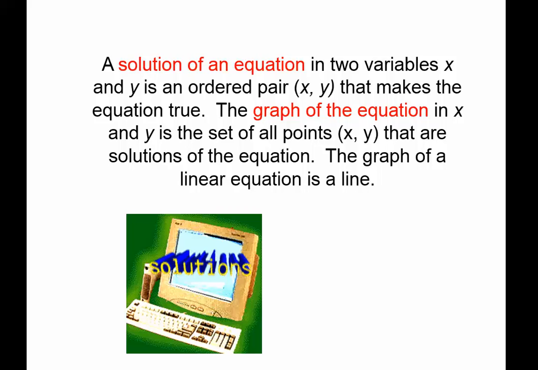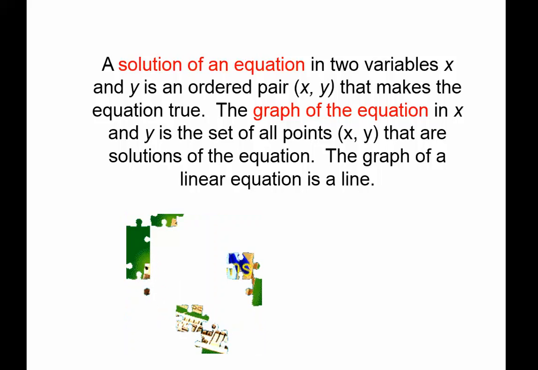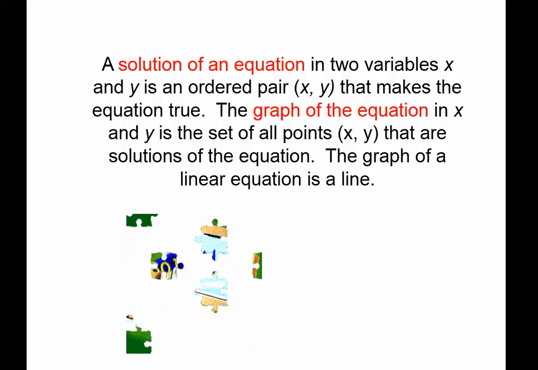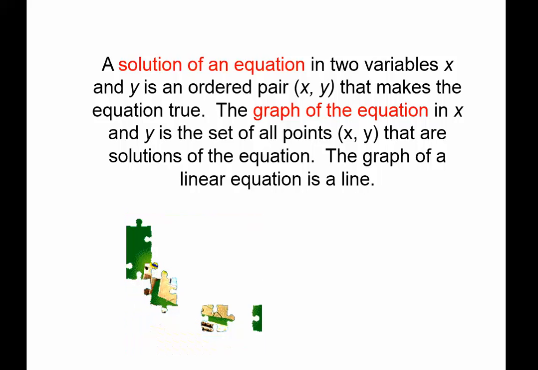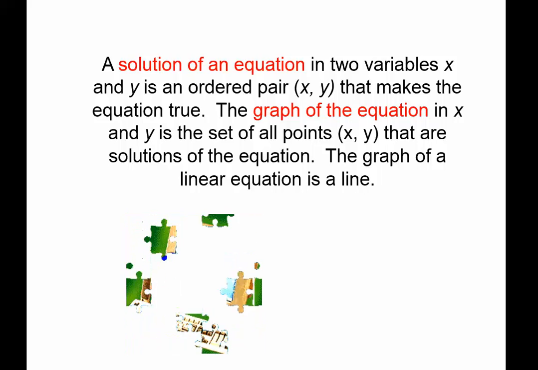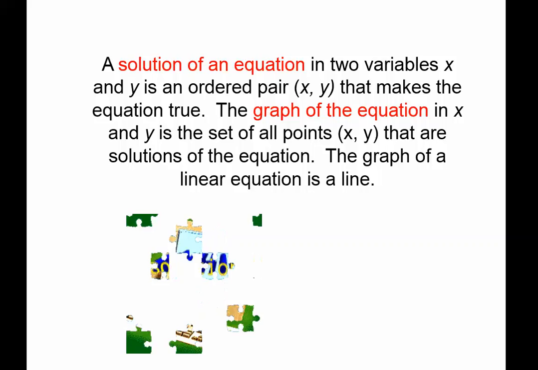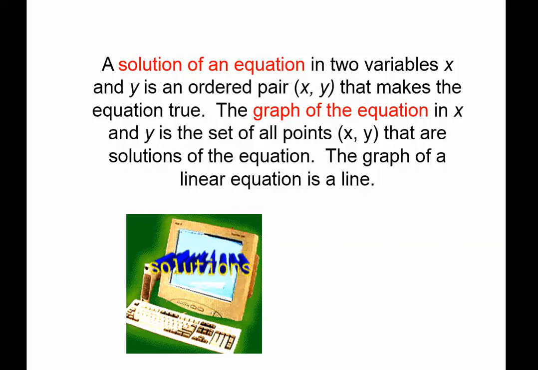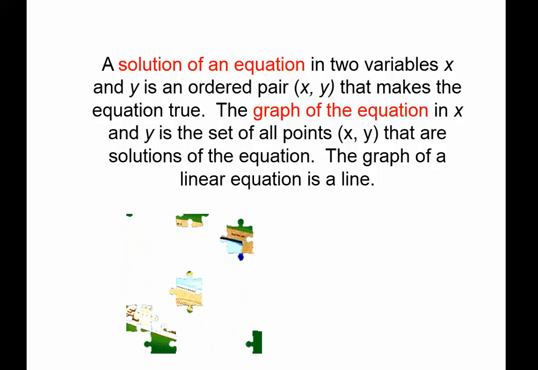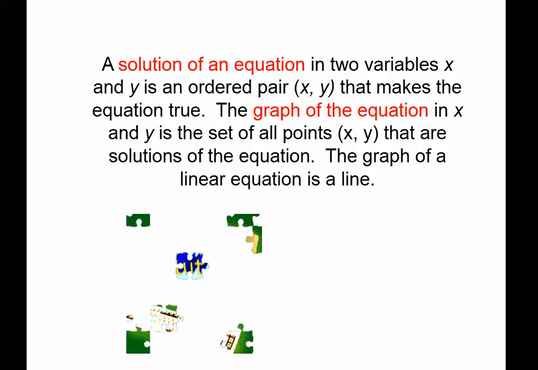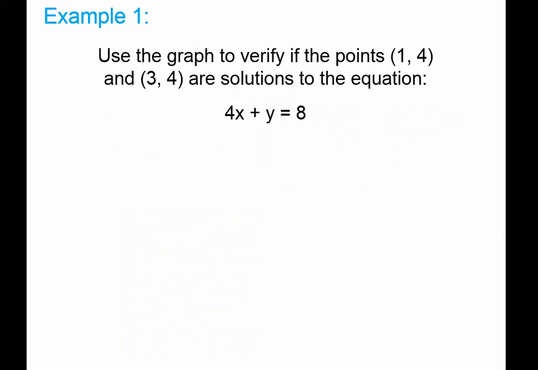And this is all a fancy way of saying that the solutions to the equation are going to be the points that help construct the line. So if a point is on the line, it is a solution to the equation. If a point is not on the line, then it is not a solution to the equation. And we'll go ahead and do an example of that right now.